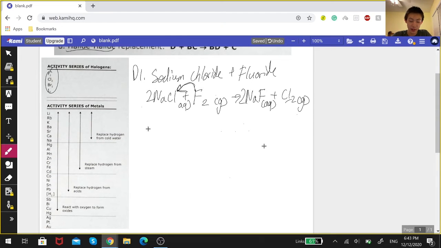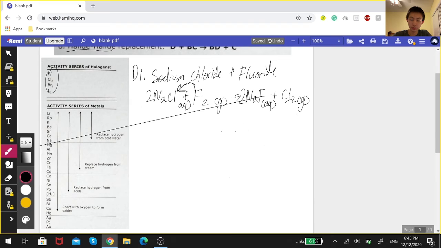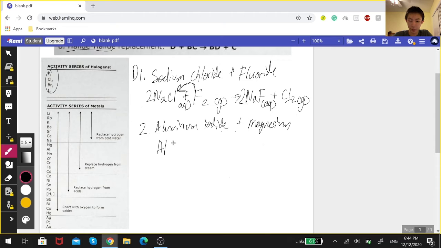So let's do our second example. We have aluminum iodide plus magnesium. Aluminum iodide is Al with a 3 plus, so it's AlI3, aqueous, plus magnesium, Mg, 2 plus, which by itself is solid.